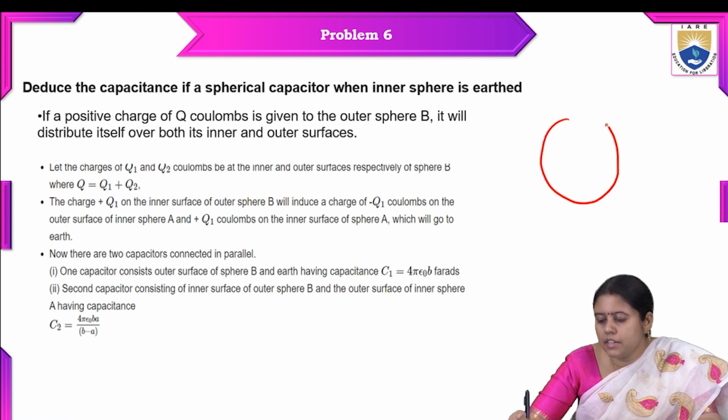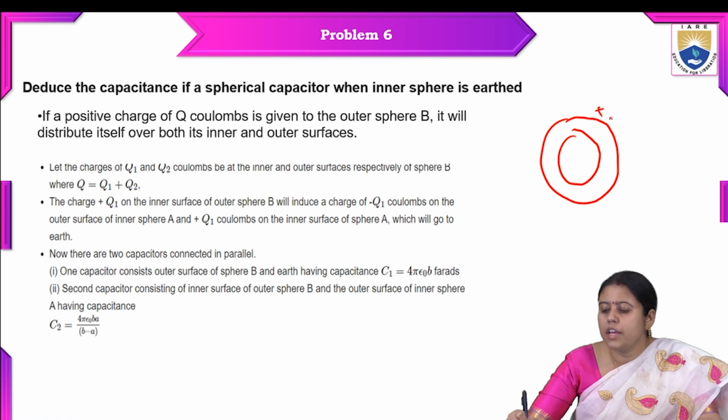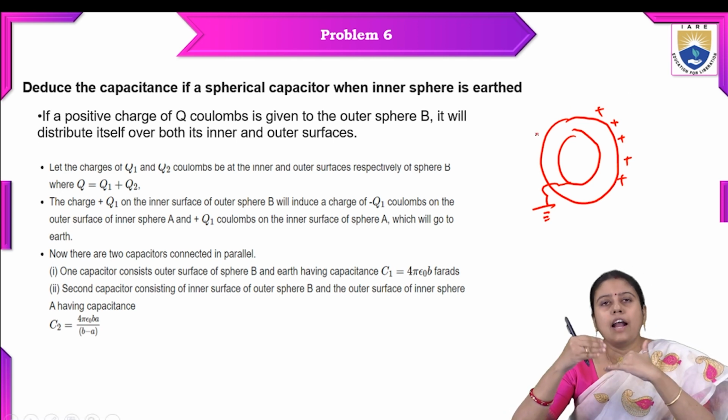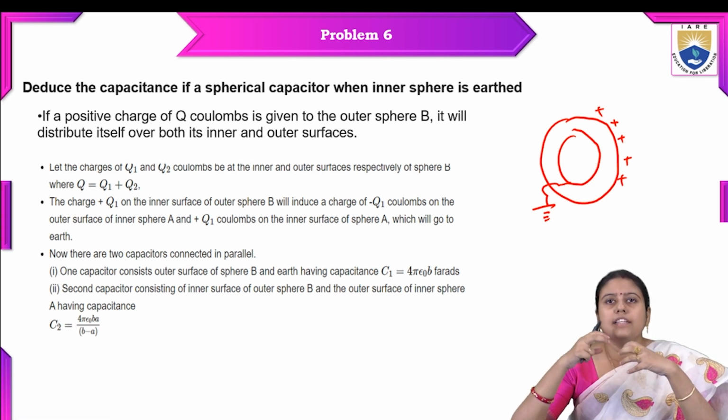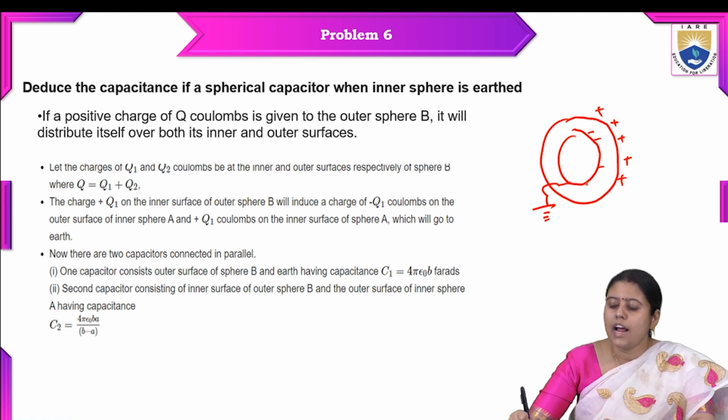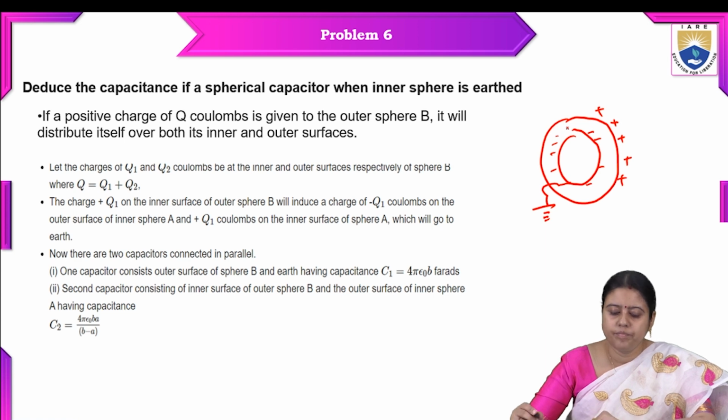If this is a concentric sphere and we give the charge on it, the inner sphere is earthed, not the outer sphere. The inner sphere is grounded. What will happen? The charge will be distributed on the surface. As we know, the general tendency of charge is to lie on the surface of the conductor.